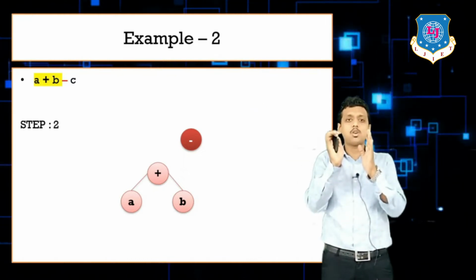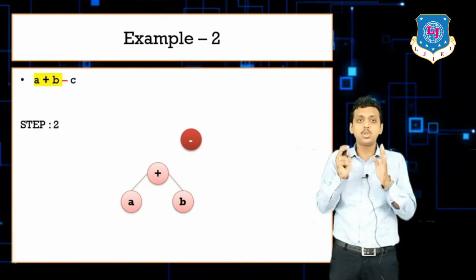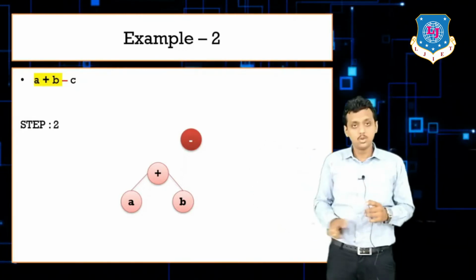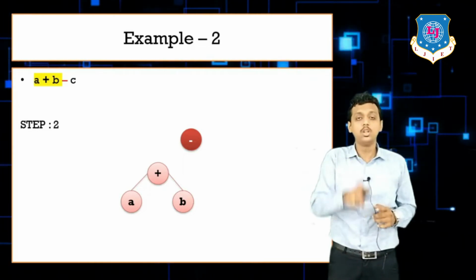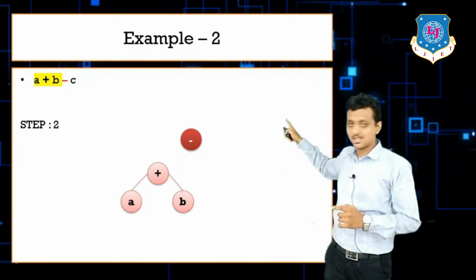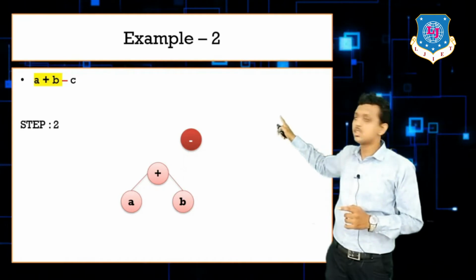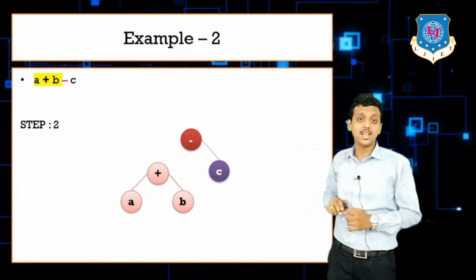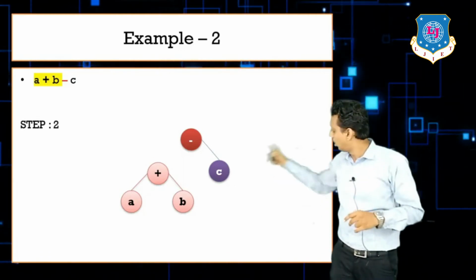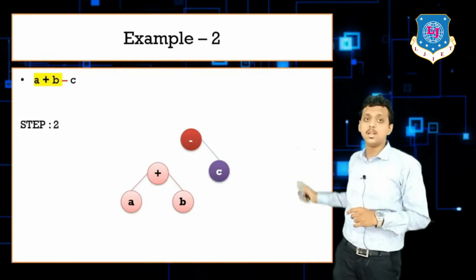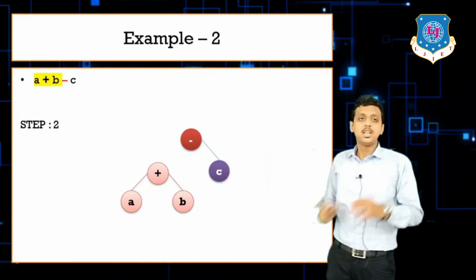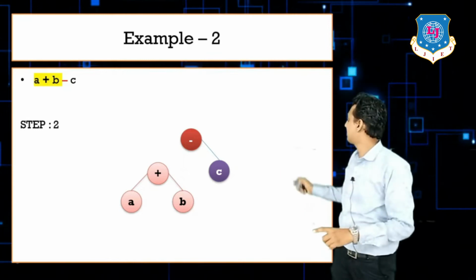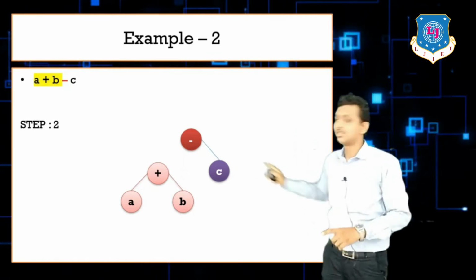Now a plus b is an already solved term, so you can consider this a plus b as a whole node. Here is minus. On the right side of the minus, students, we have c. That's why c is situated on the right side of the minus, like this, and this whole term, plus with a and b, becomes the left subtree of minus. That's why the left child is this.